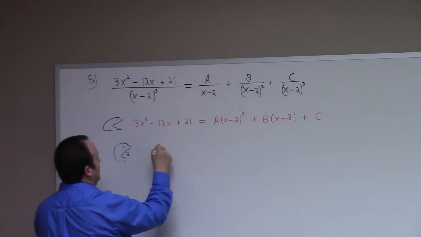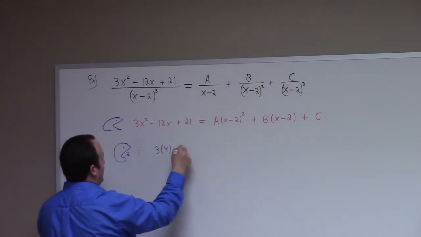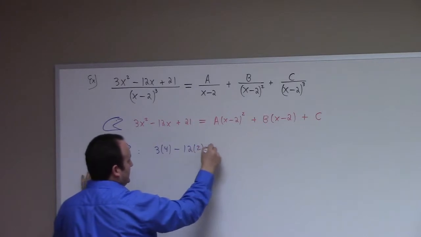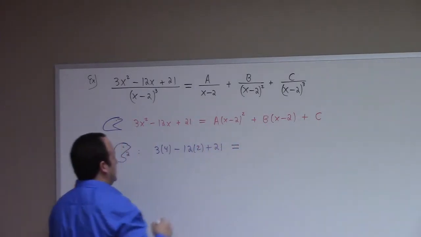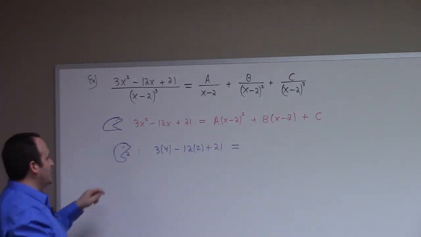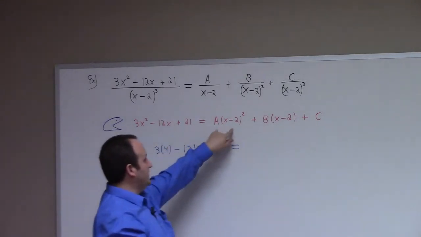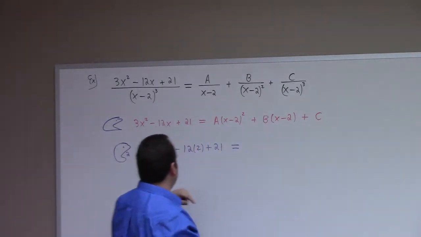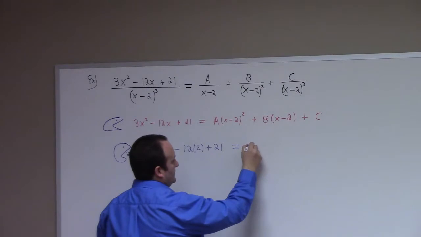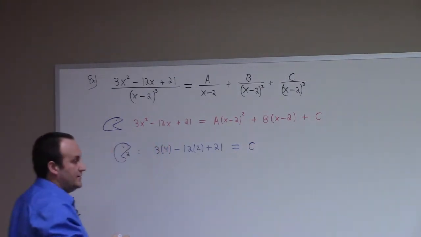We get 3 times 4 minus 12 times 2 plus 21 is equal to 0, 0, and what's that? C. Wasn't so bad, was it?